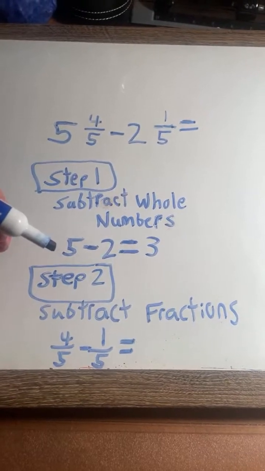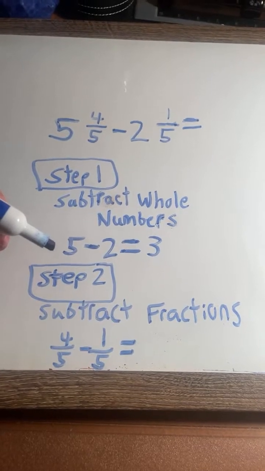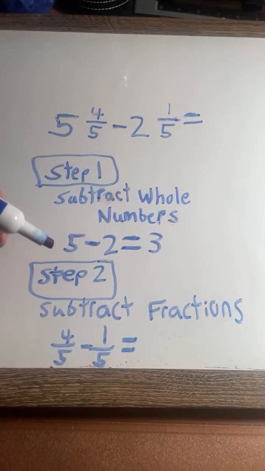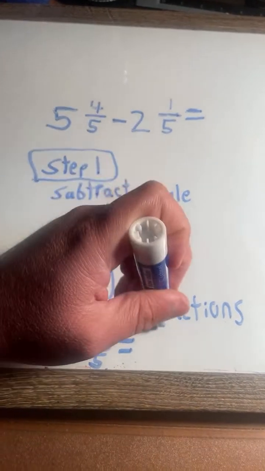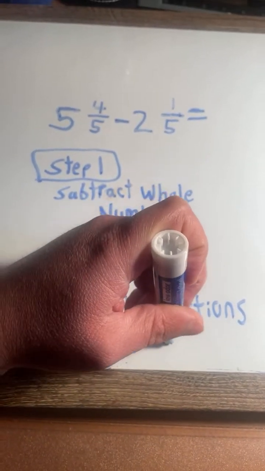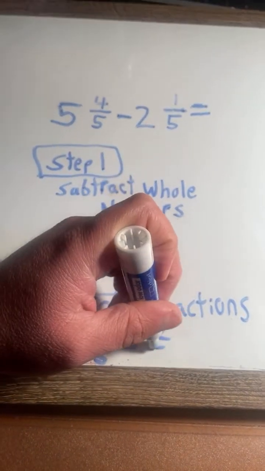And remember, subtracting fractions with like denominators is just like subtracting whole numbers, except the denominator, aka the bottom number, you keep that the same. So 4 minus 1 equals 3. Since our denominator is 5 for both of these fractions, it's going to be 5 in our answer.